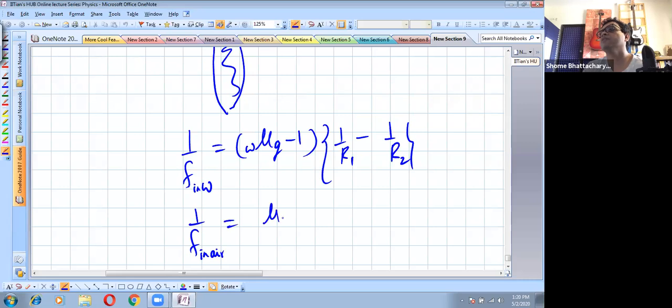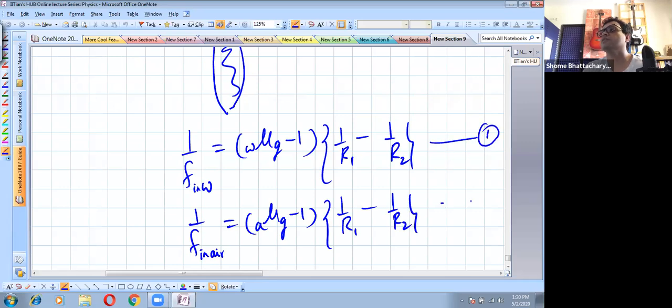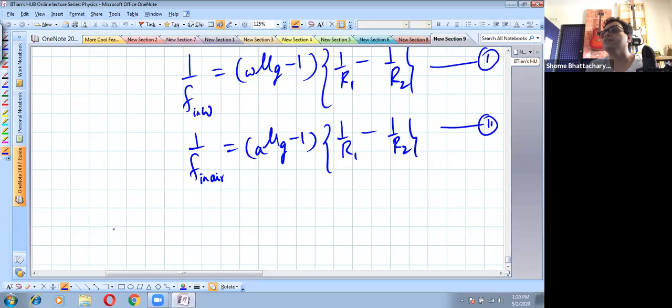That was the refractive index of glass with respect to air minus 1, into 1/R1 minus 1/R2. So next what you do is you just divide these two equations. Your R1, R2 terms all get cancelled out and you get a very convenient result. The equation you want to find in water, so let's say 2 divided by 1, gives focal length in water divided by focal length in air. So that is becoming this divided by this.